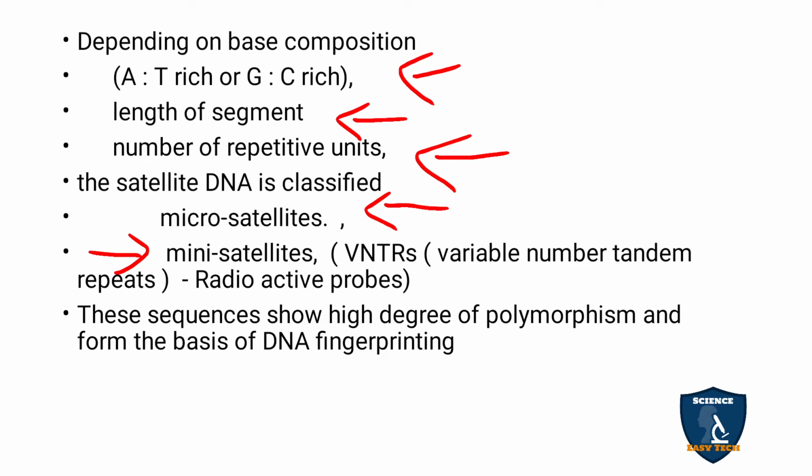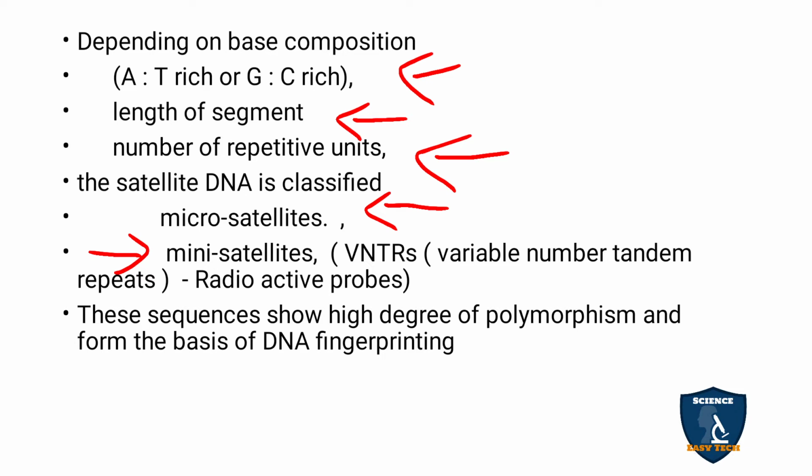The minisatellite works under VNTRs, the repetitive sequences only. VNTR means variable number tandem repeats.